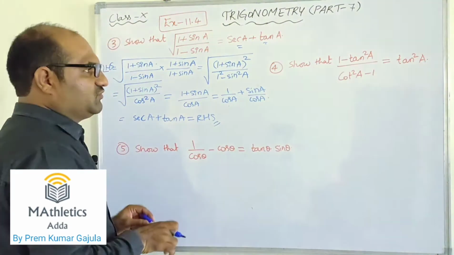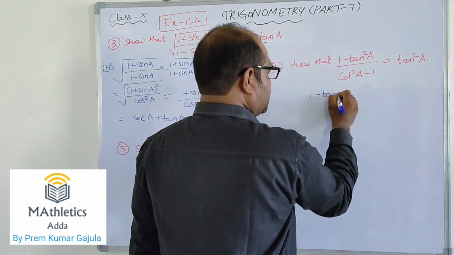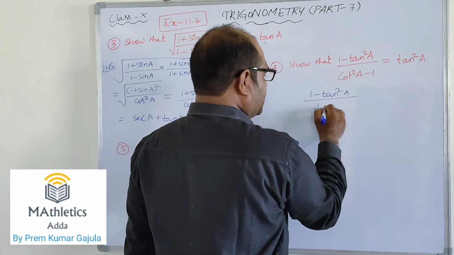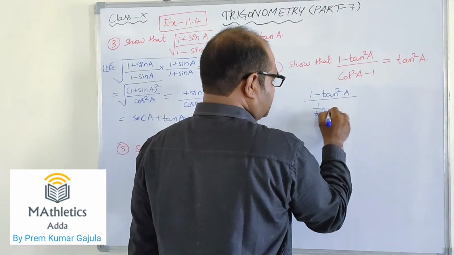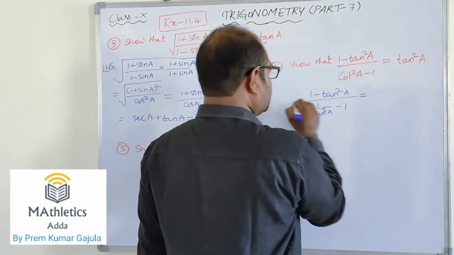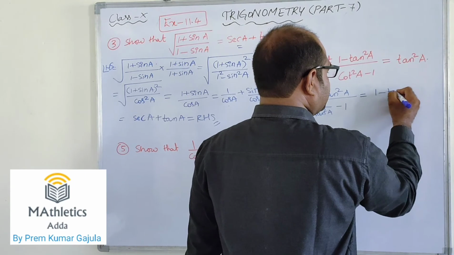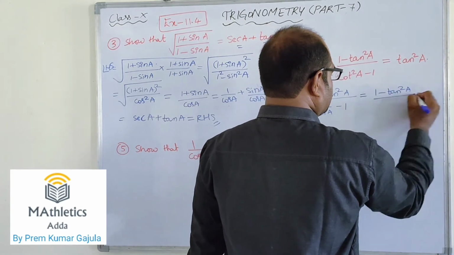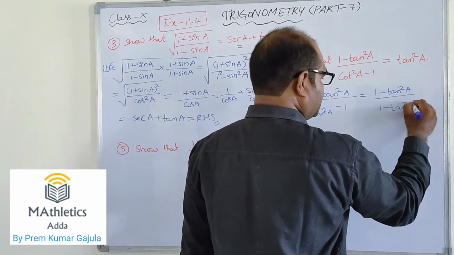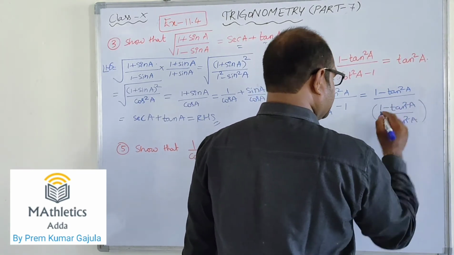Now let us look at the fourth question. 1 minus tan square A I am writing as it is, by cot square A we can write 1 by tan square A. Why? Because cot and tan are reciprocal, minus 1. I am taking LHS only. So 1 minus tan square A, if you simplify the denominator, you will get 1 minus tan square A by tan square A. This is the denominator fraction.